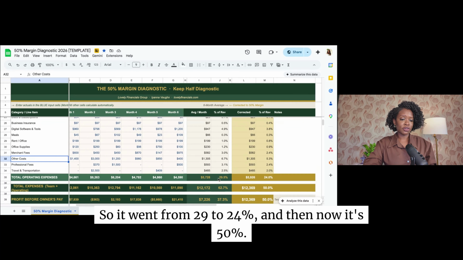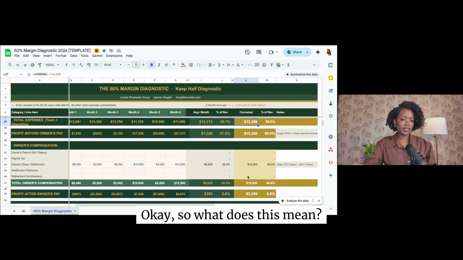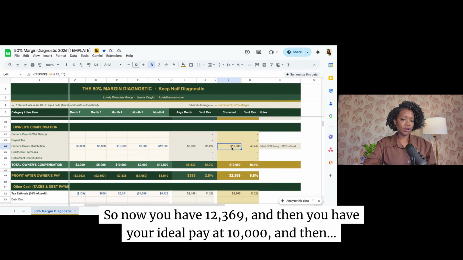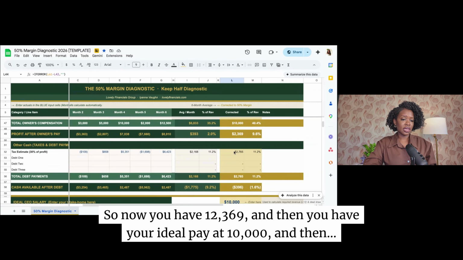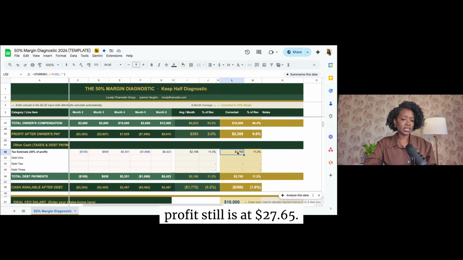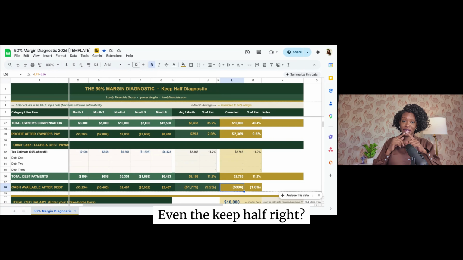So it went from 29 to 24% and then now it's 50%. Okay, so what does this mean? So now you have 12,369 and then you have your ideal pay at 10,000 and then profit still is at 2765. Uh-oh. Even the key path, right? Key path is a benchmark.